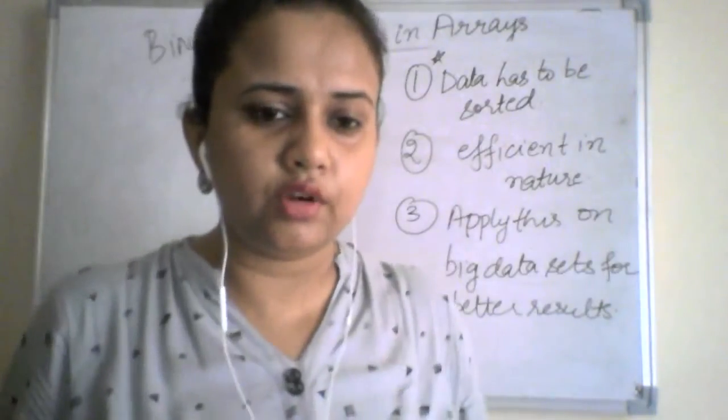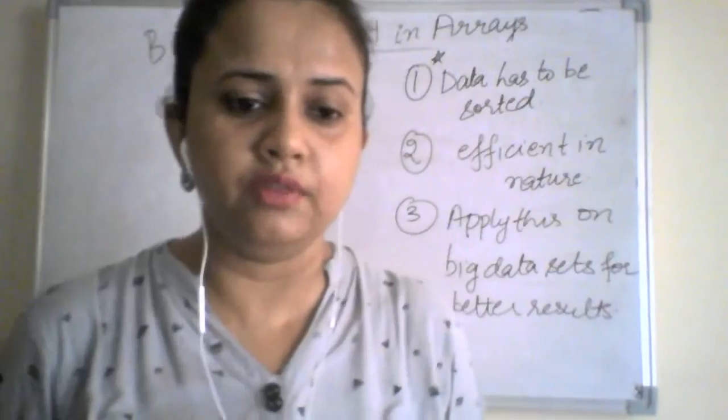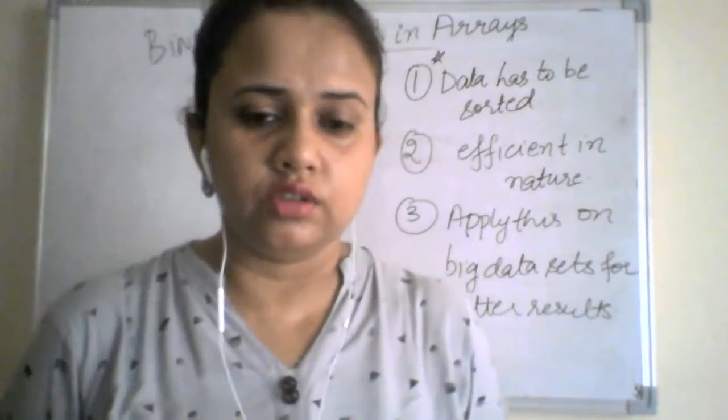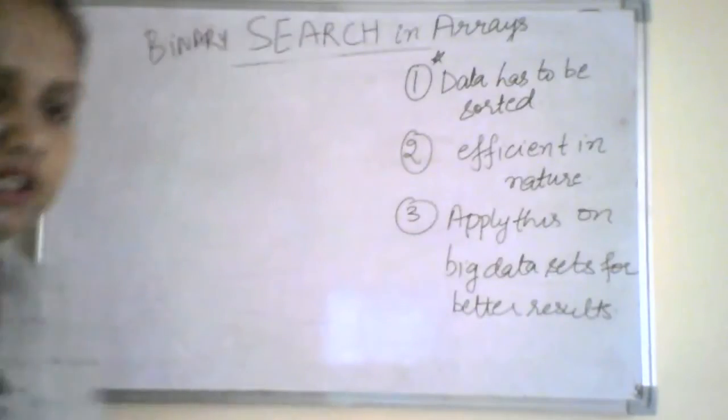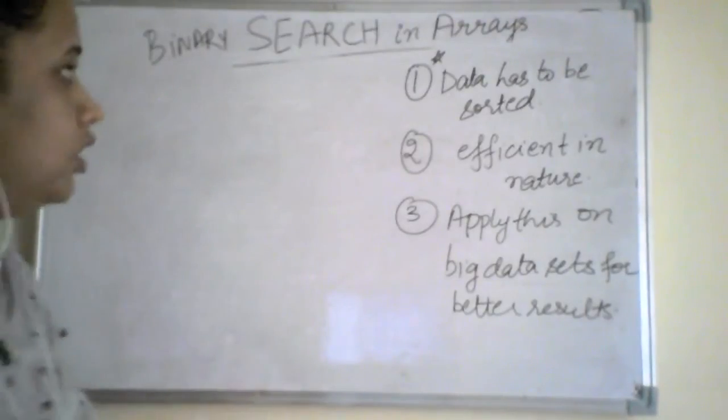So the total number of operations you need to perform will be less when you are using binary search. That is why we prefer binary search instead of some other searching operation. Now I will give you an example for binary search.